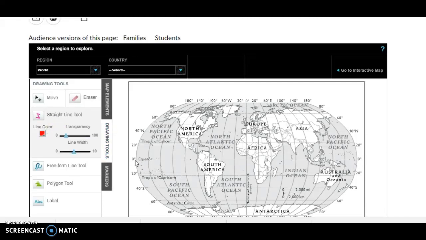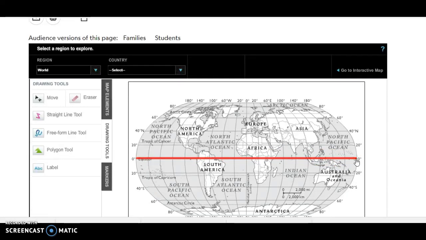And I'm going to mark the equator here with a red line like that so that we can really see it. And you'll notice that the line splits the Earth into two pieces, two halves, and those halves are called hemispheres.